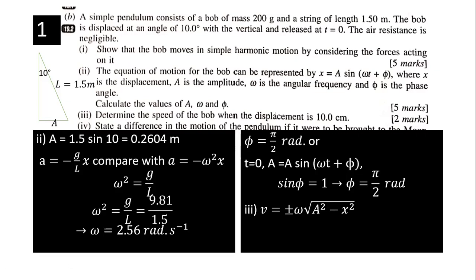Determine the speed of the bob when the displacement is 10 cm. Memorize the equation, that one. Put in your omega. If you put it in cm, then your answer will be in cm. That's the amplitude squared, that's the displacement.